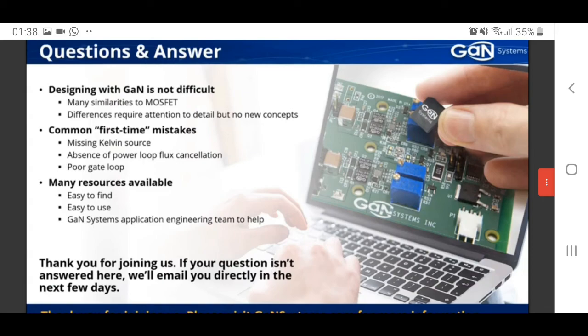Another example is the power commutation loop inductance. It will increase the voltage spike during the switching off transition. So this will also increase the switching off loss, but just a little bit.